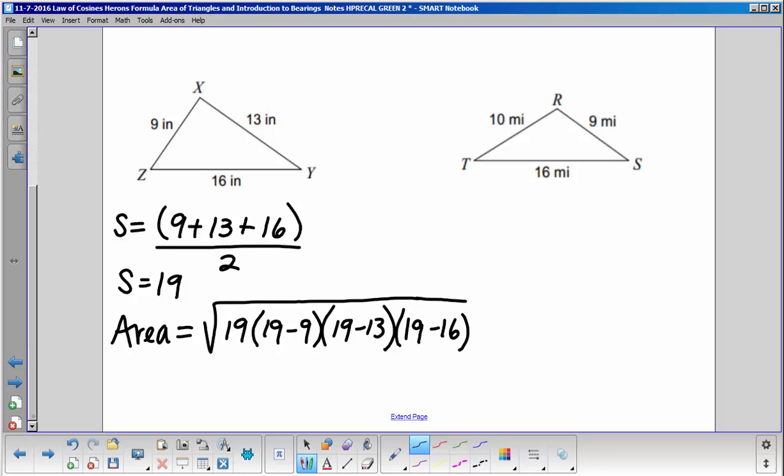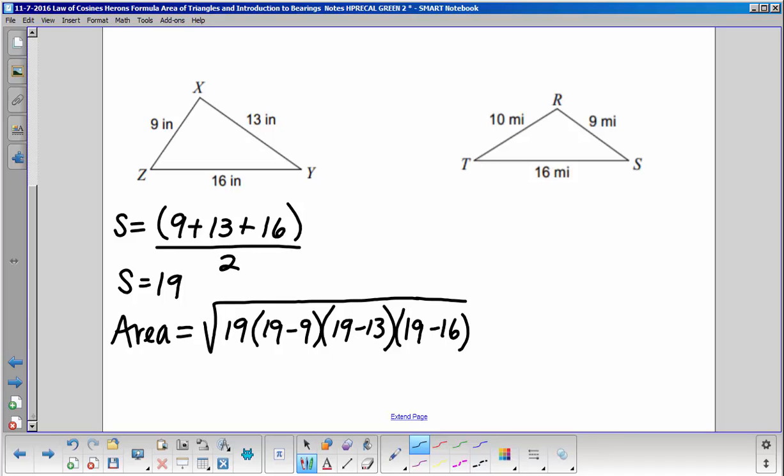Now, how do you suppose you're going to know if you have no triangle? If one of the sides is 19 or bigger, right? Or you have a negative number on here or it's 0. Yes, I have an answer.